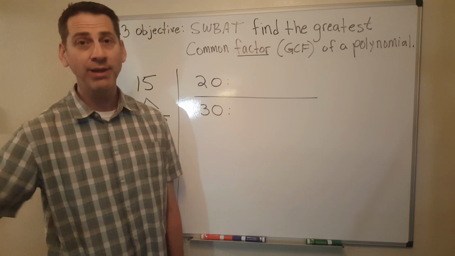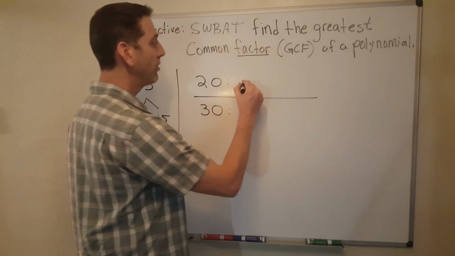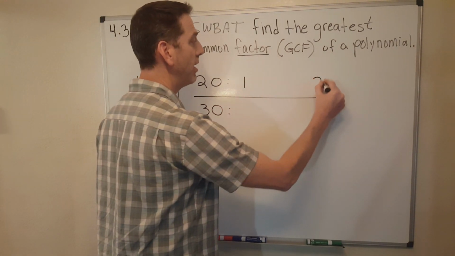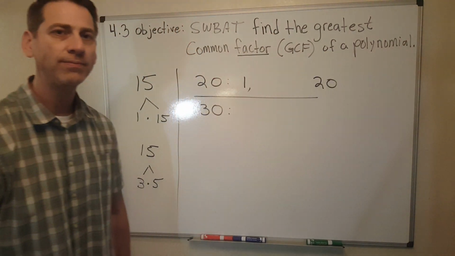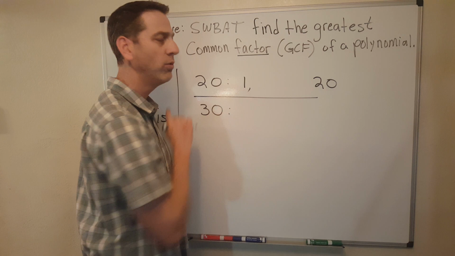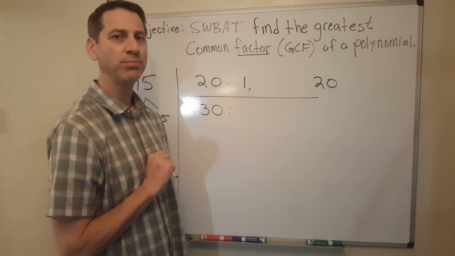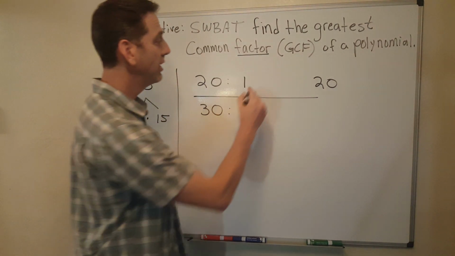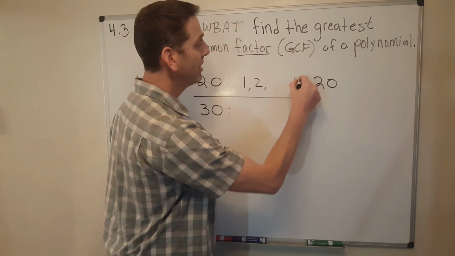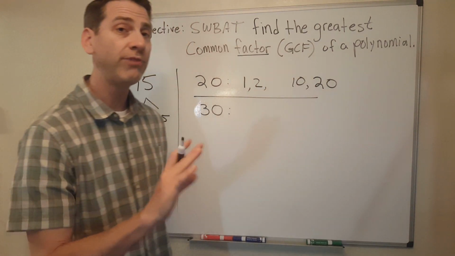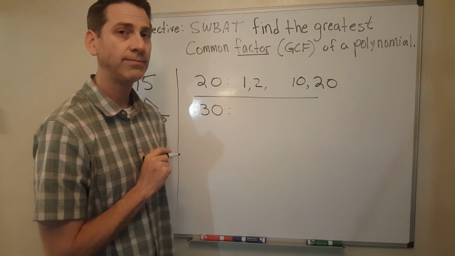Well, we know that 1 times 20 is 20. So I'm going to put a 1 here and a 20 over here, because I'm going to list them out. What else equals 20 when I multiply? Well, you guessed it, 2 times 10. So 2 and 10 are also factors of 20.